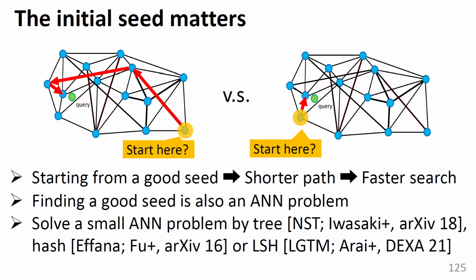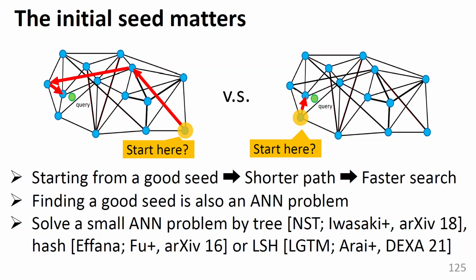Another issue is that maybe we can also consider what our start point, our entry point, is. The initial seed sometimes matters. For example, if our query is here, and we always start from this entry point, you need to take 1, 2, 3 hops to find your neighbors.